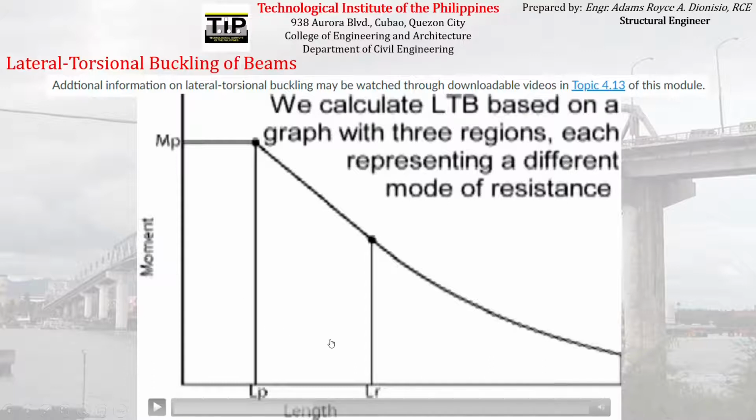As you increase the unbraced length, habang layo-layo yung mga location ng mga bracing, the moment capacity of the beam tends to be lesser. Pero kung medyo maliit yung spacing between one bracing to another, mas lumalaki yung capacity ng beam natin. Magkakaroon pa siya ng chance na umabot doon sa maximum moment capacity niya that we assume theoretically, which is equal to the plastic moment.